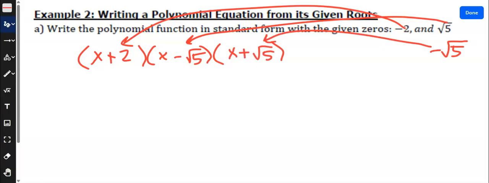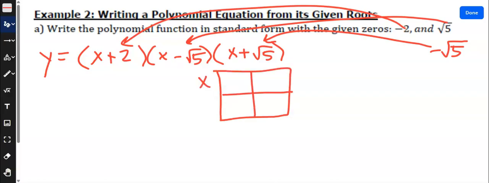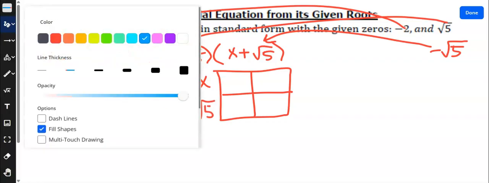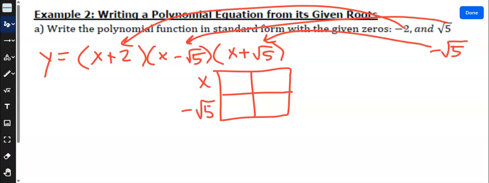And so I've got to FOIL these things. We do want it to be a polynomial function, so we will want y equals at the end. So just remember that. I'm going to FOIL these two that have the radicals. Now, you and I both know that because we're doing the ones with the radicals and conjugates, those two boxes are going to cancel out. It happens every single time. If you don't believe me, we've got x radical 5 and negative x radical 5.